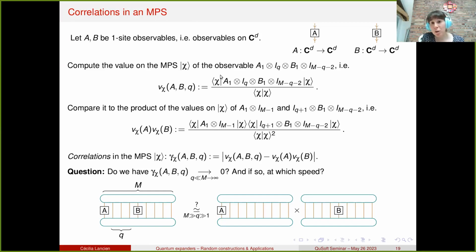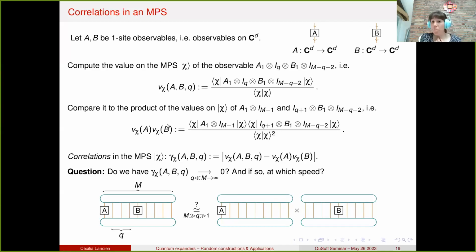So I'm computing the inner product of this local observable with my MPS chi, dividing by the norm squared of chi in case it was not already normalized. A and B are separated by Q sites.